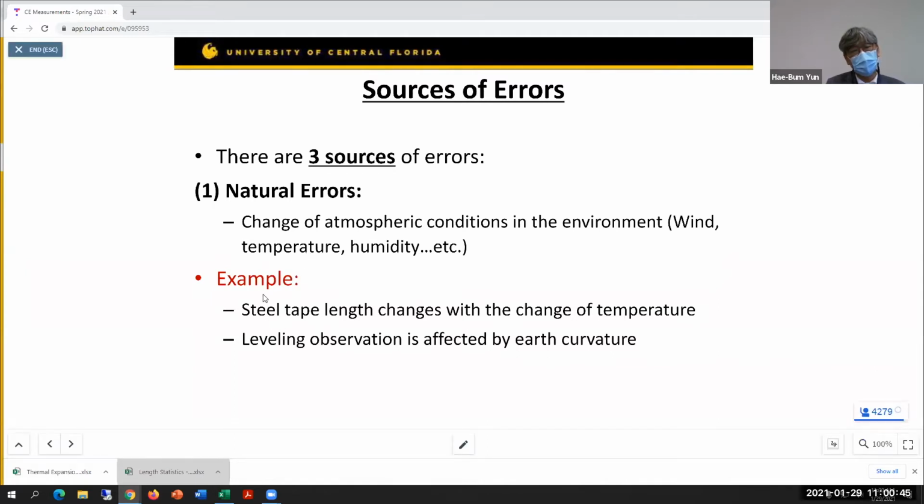I listed two examples here. The steel tape length changes with the change of temperature. Leveling observation is affected by the Earth's curvature, if you have a very large land surveying project, and this could be a source of error.